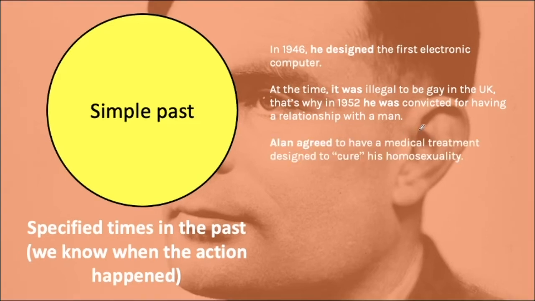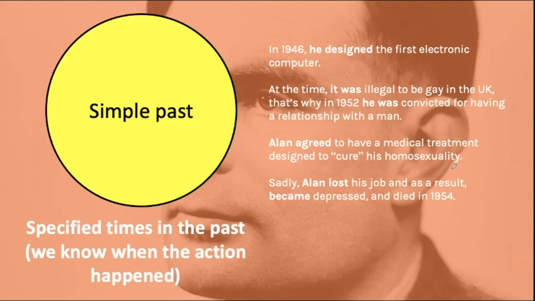Alan, unfortunately, agreed to have a medical treatment designed to cure his homosexuality. Sadly, Alan lost his job, and as a result, he became depressed and died in 1954. Because he was arrested and convicted, he could never work with the British government again.